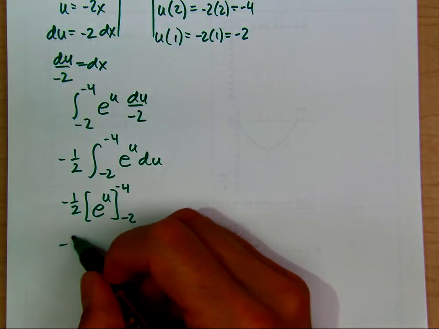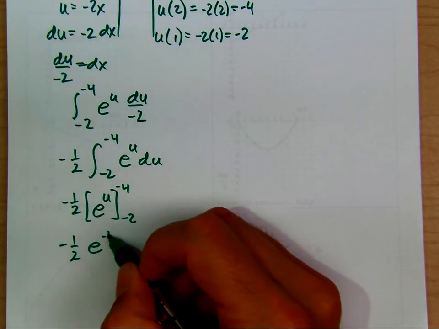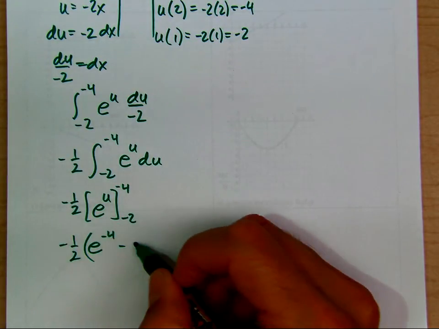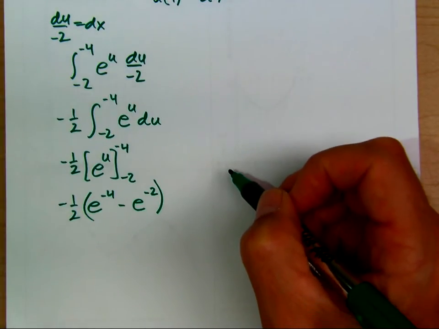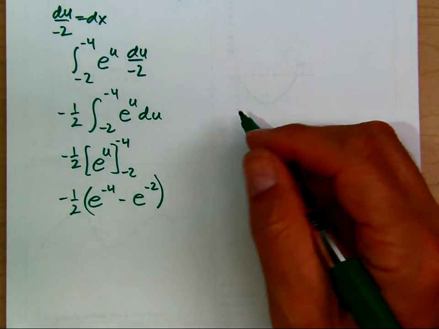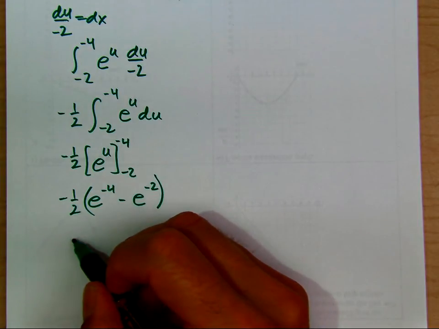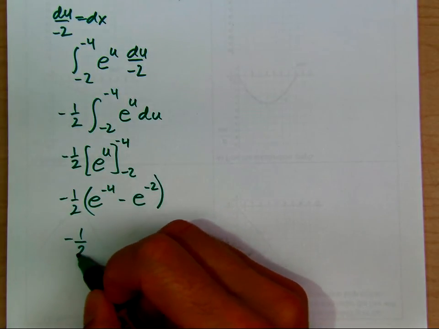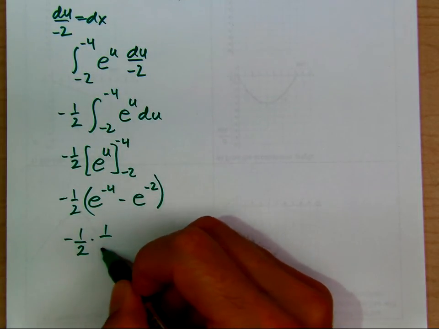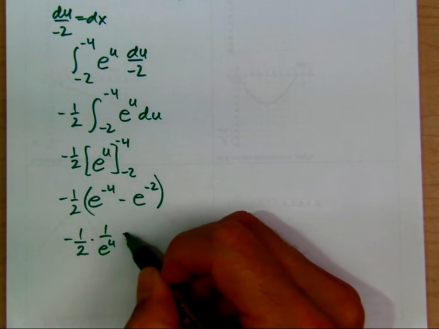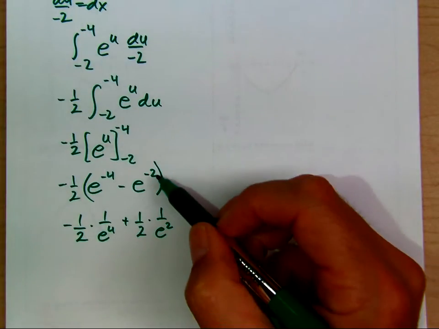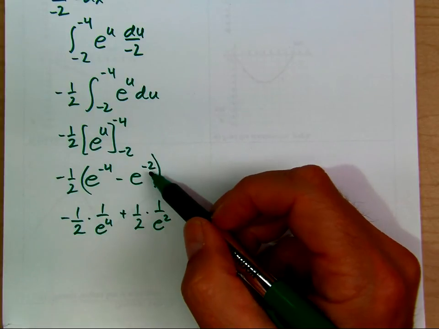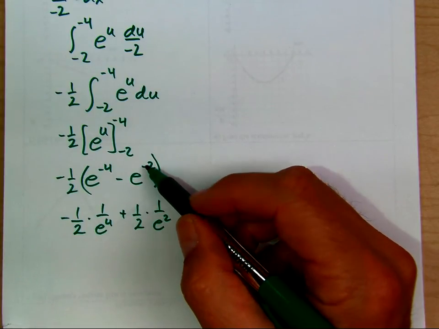Substitute. And we have 1 over 2 times 1 over e to the 4th plus 1 over 2 times 1 over e squared. So we can just see that, remember that the negative exponents mean reciprocals.